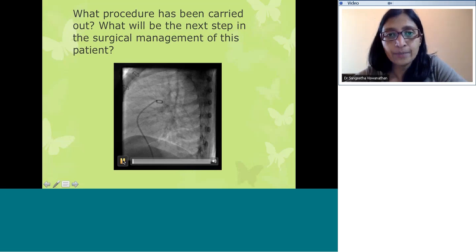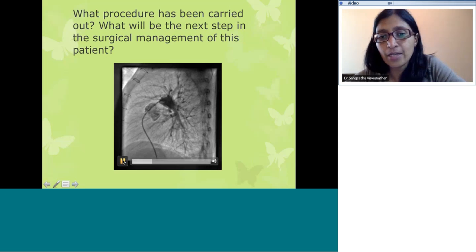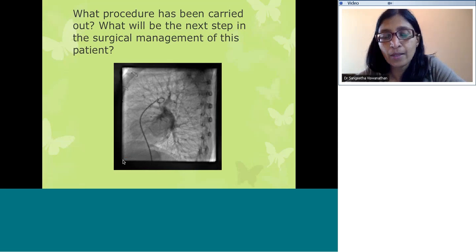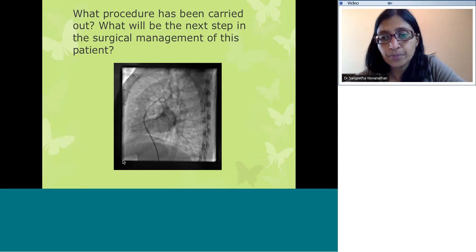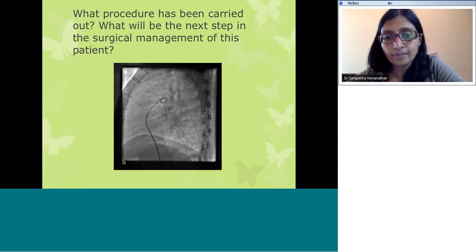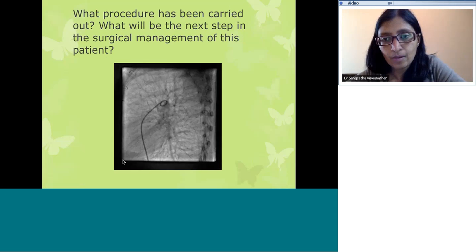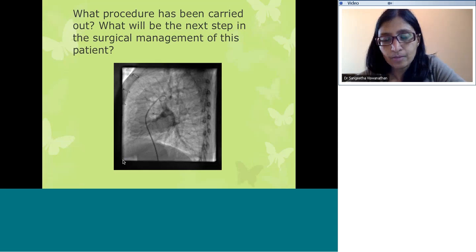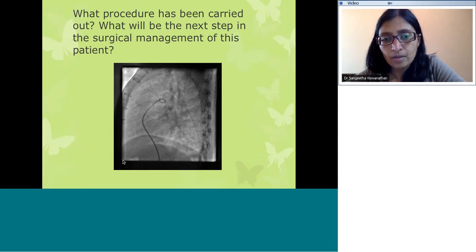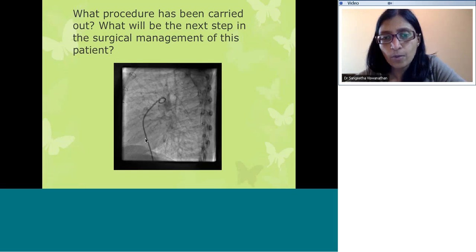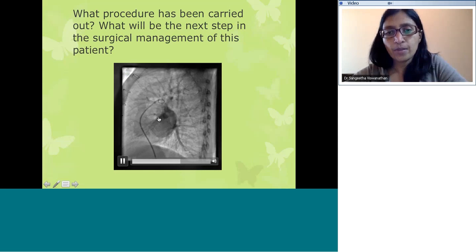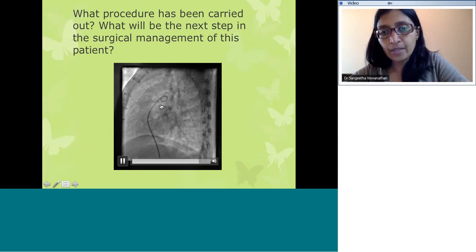The same patient. So what procedure has this patient undergone? Patient has got CTGA.